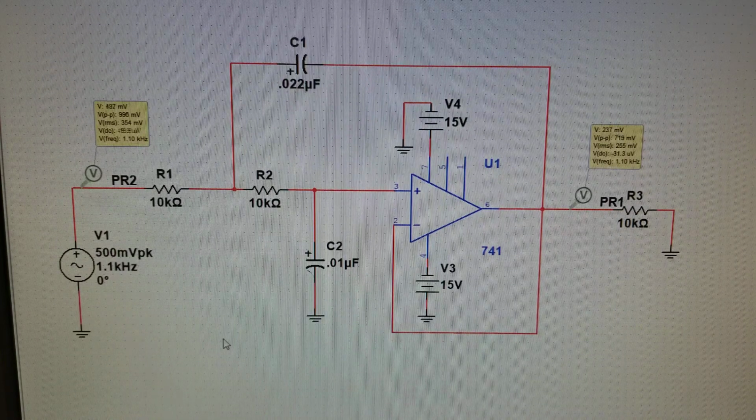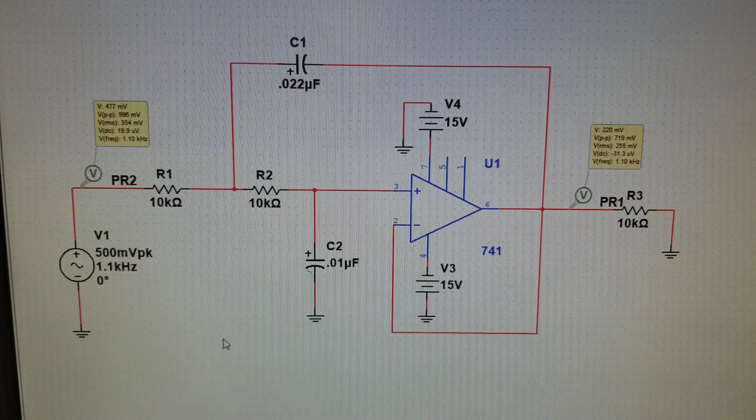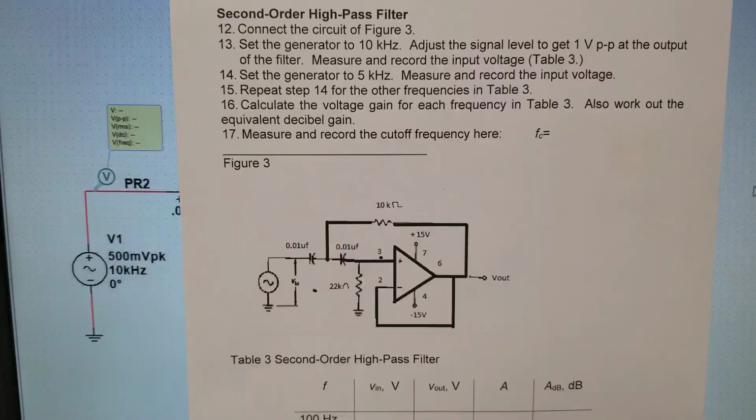Our maximum voltage out was 1 volt. So when we have 0.707 volts, then you're at your cutoff frequency. So here, when we have 1.1 kilohertz as our input frequency, we find that our volt out is at about 0.707 volts. So we can use 1.1 kilohertz as our cutoff frequency.